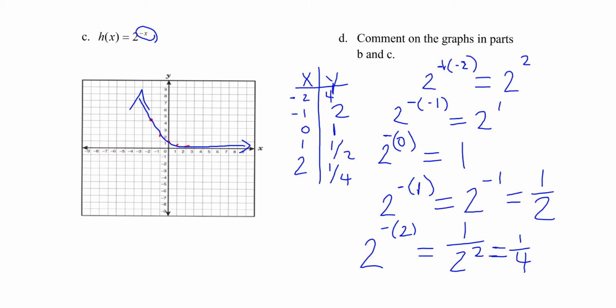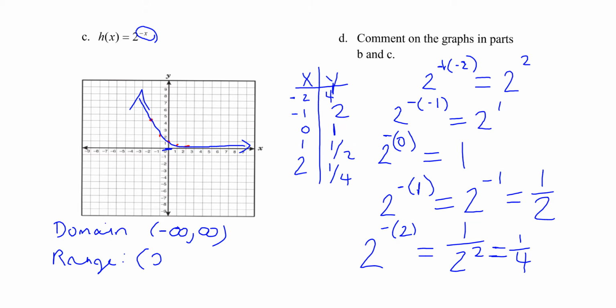Now, again, if you look at it, our domain and range is going to be the same as the last two problems. The domain is going to be negative infinity to positive infinity, because you can have any value for x, for the exponent. And the range, again, it's not going to go below that 0 on the y-axis.